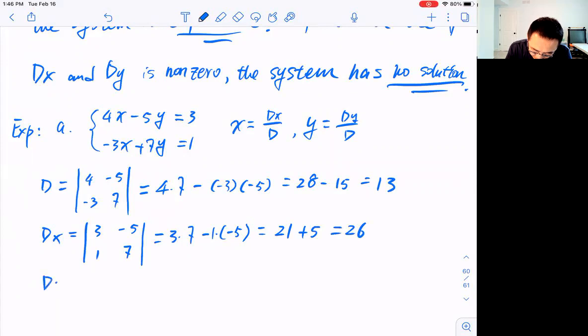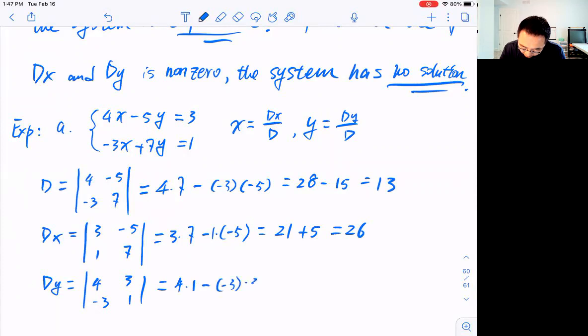Okay, then dy equals replacing the y coefficients with the constants. So you get, okay, 4, negative 3, then 3, and 1. Okay, and find the determinant of that, which is 4 times 1 minus negative 3 times 3, which is 4 plus 9, which is 13.